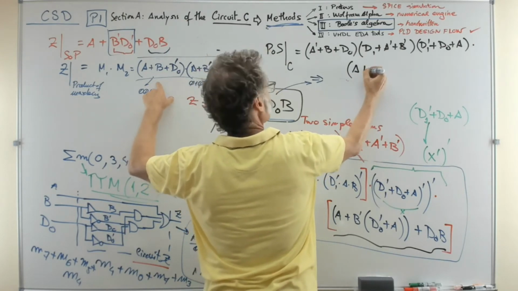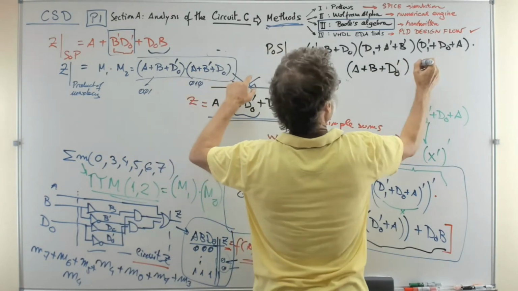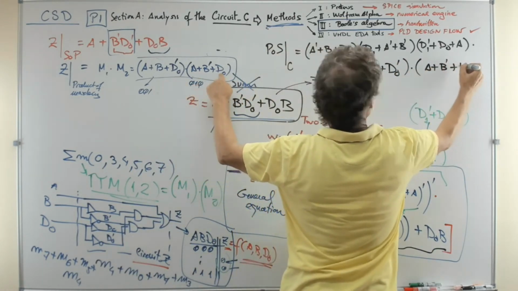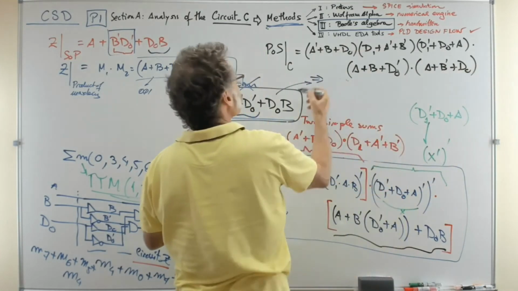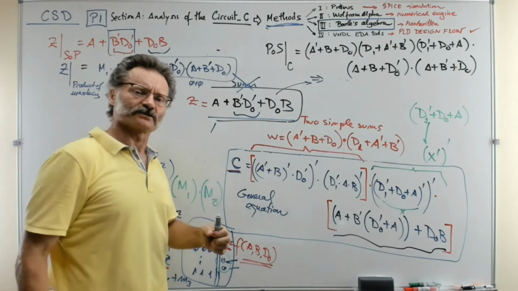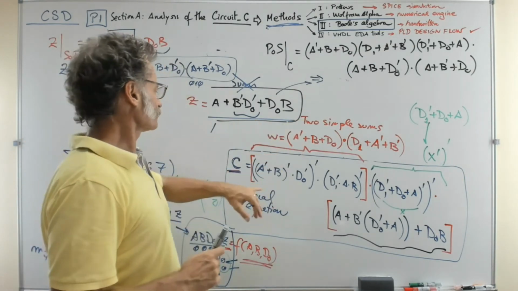So A or B or D0 naught, A or B naught, D0. You see, this is not the final solution. This is the intermediate solution, what we call a product of sums for the secant C.